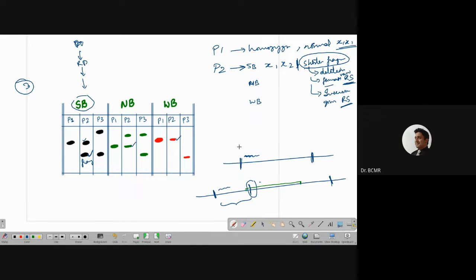Okay, what does the northern blot tell? It tells that there is an increase in the size of the mRNA, right? This is for X2. There is an increase in the size of mRNA, which could be for multiple reasons.